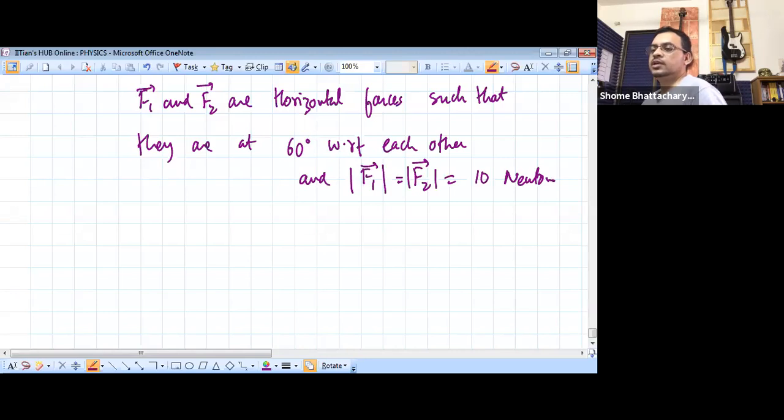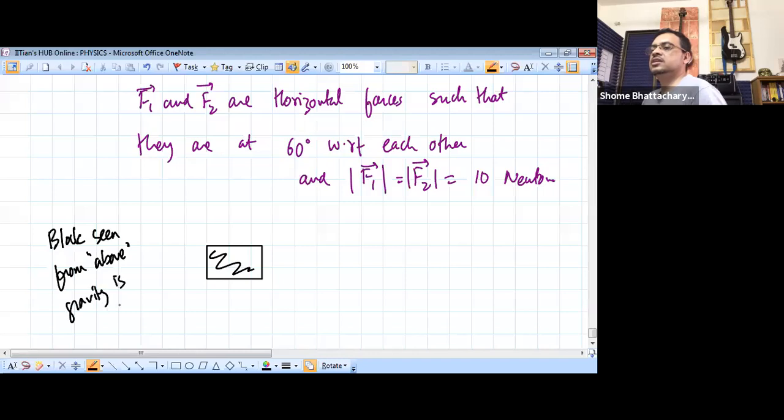So the better way to understand the geometry of these forces is that, now imagine you are seeing the top view of this. So this is the block seen from top, from above. So here gravity is into the plane.